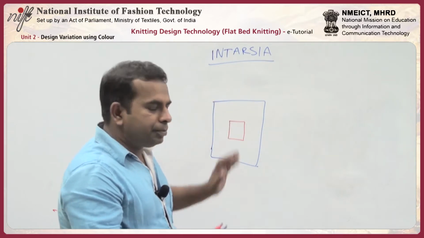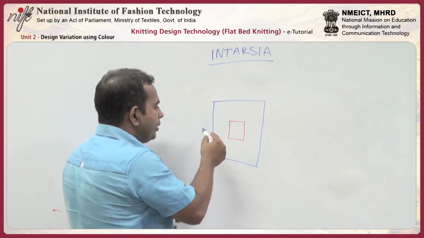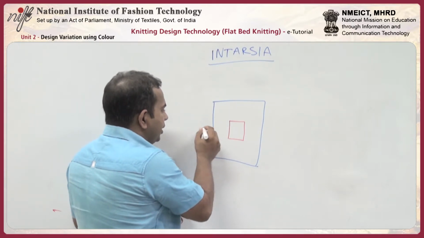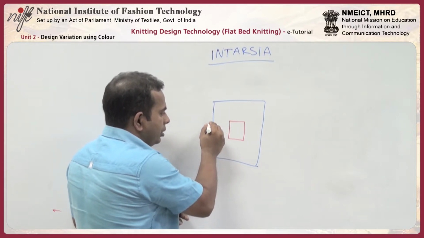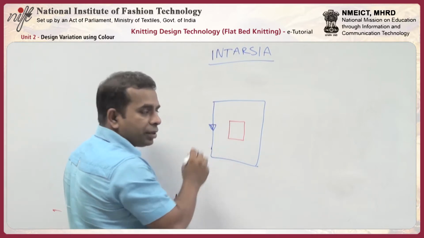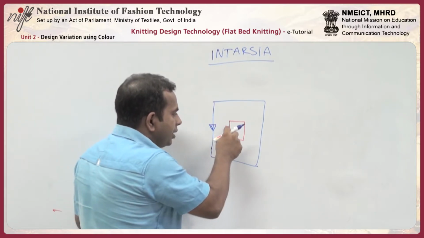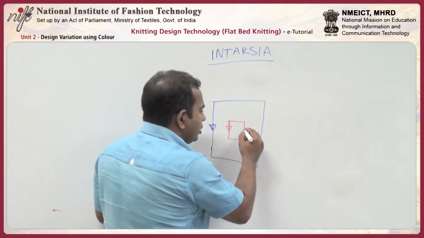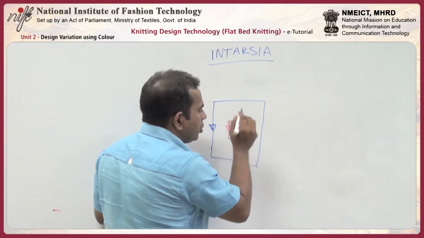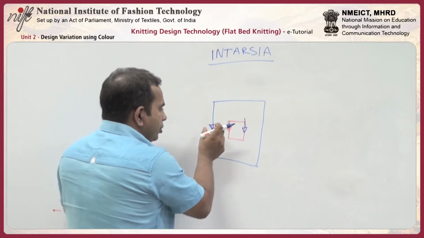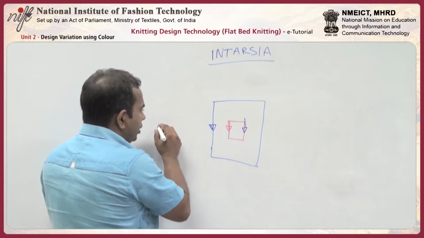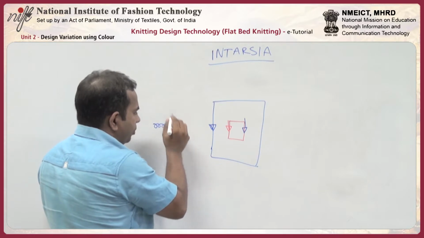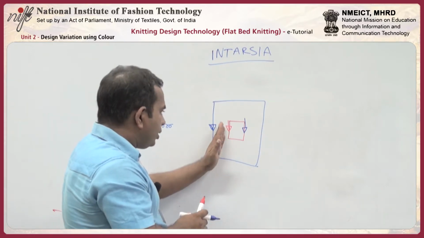In Intarsia, you will have one feeder stationed at this area with a blue color in it, a second feeder stationed at this point with red color in it, and a third feeder stationed here with blue color again. So the first feeder, blue, will knit on this part.